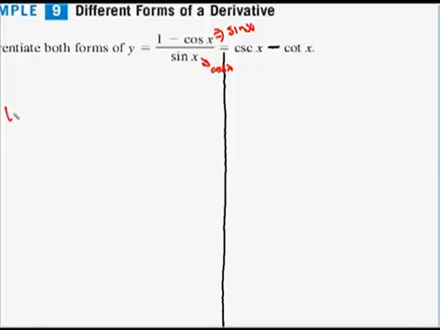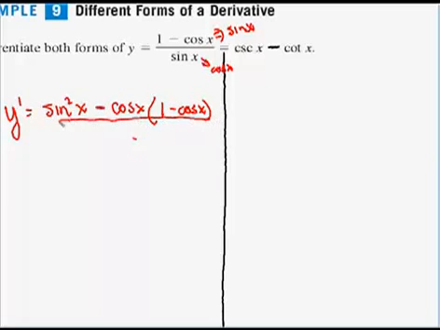We do our derivative, y prime: low d high is sine x times sine x, or sine squared x, minus high d low. So here we're going to multiply across this diagonal, and that's cos of x times the quantity 1 minus cos of x, all over low low. Sine x times sine x is sine squared x.